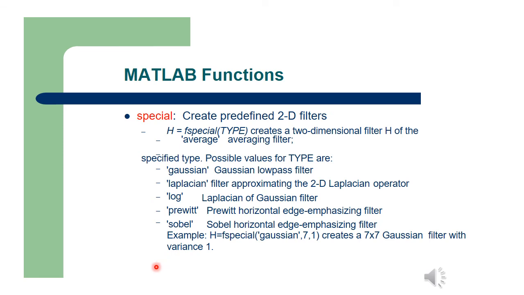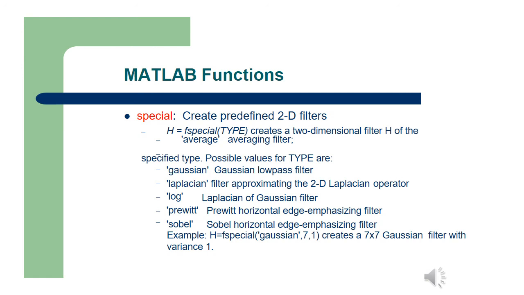Here we have an example: h = fspecial('gaussian', 7, 1) is going to create a 7 by 7 Gaussian filter with variance, or sigma, 1. The reason for the 7 by 7 Gaussian filter is that if you have a small 3 by 3 filter, the middle value is 1 and, as you have seen earlier, it was 0.6 on the left and 0.6 on the right.